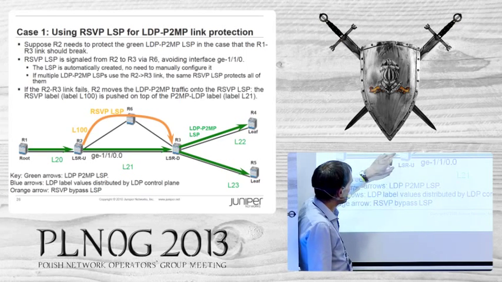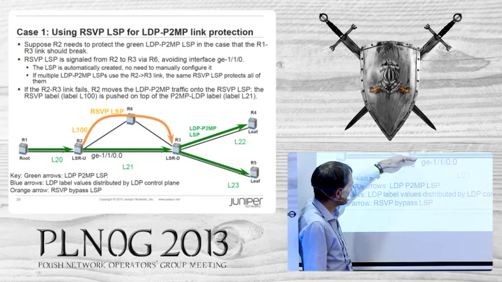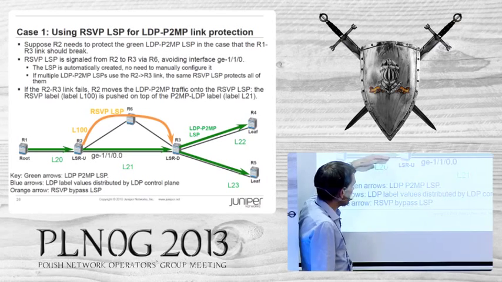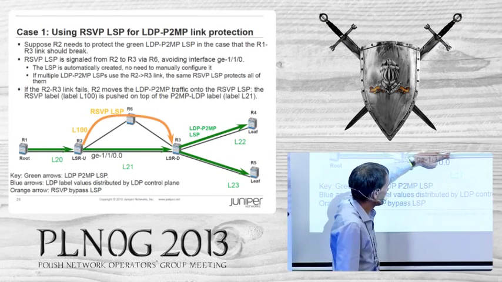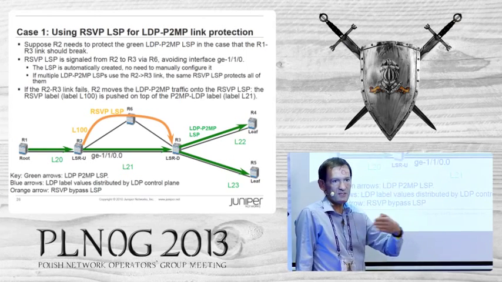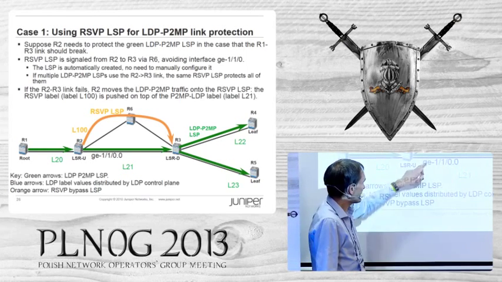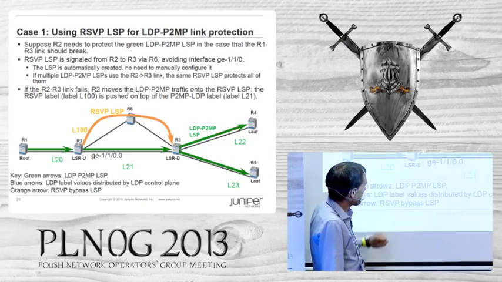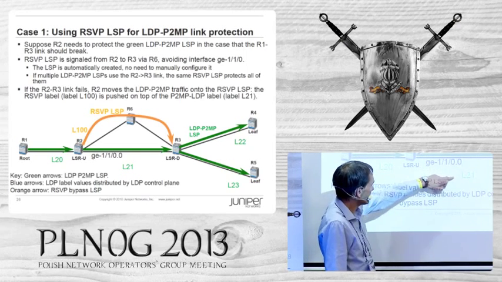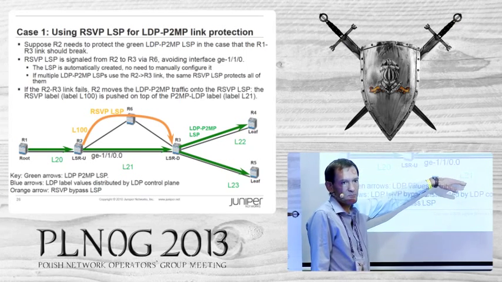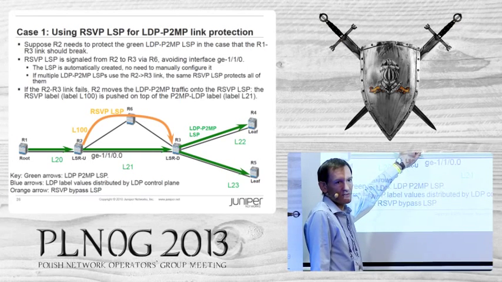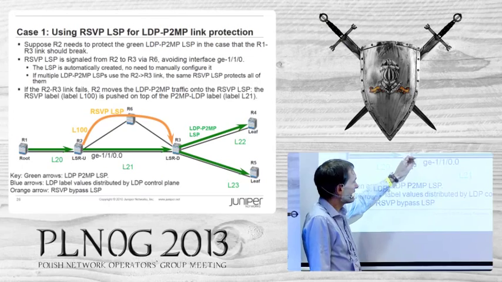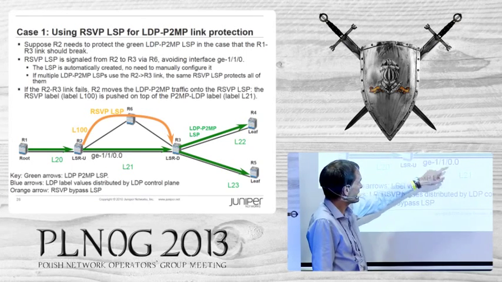And so in fact what R2 does is, in its packet forwarding engine, it has its main entry with this label value of 21 pointing down this link, and then it has an alternative entry in case this link breaks, which says take this packet with label value of 21 and push this value of 100, which is the RSVP label, on top. So we're building a label stack. So this on top, this underneath.